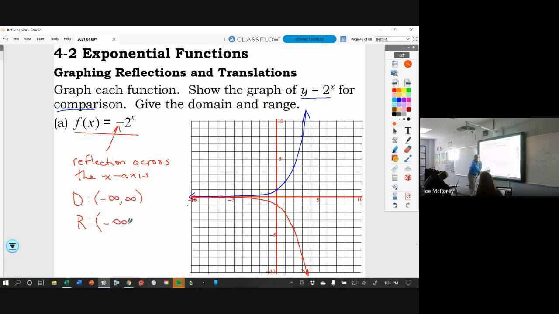Negative infinity to 0. For the blue one, the domain is all real and the range is 0 to infinity. Parentheses, no brackets, because it can't touch 0. So when we reflect it across the x-axis, it now goes from negative infinity to 0, not including 0.